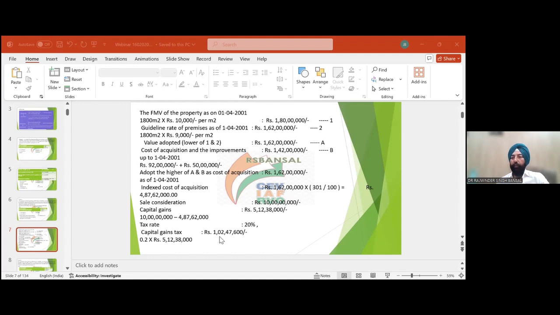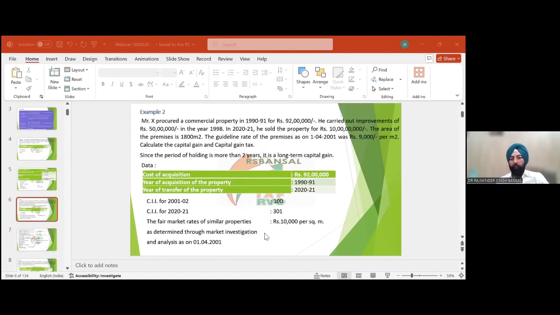Manish ji, do you want to ask anything? Yes, sir. I was asking about the depreciation. The original commercial property was bought in 1990, so actually 11 years depreciation shall be considered, right? We have to take it up to 2001.